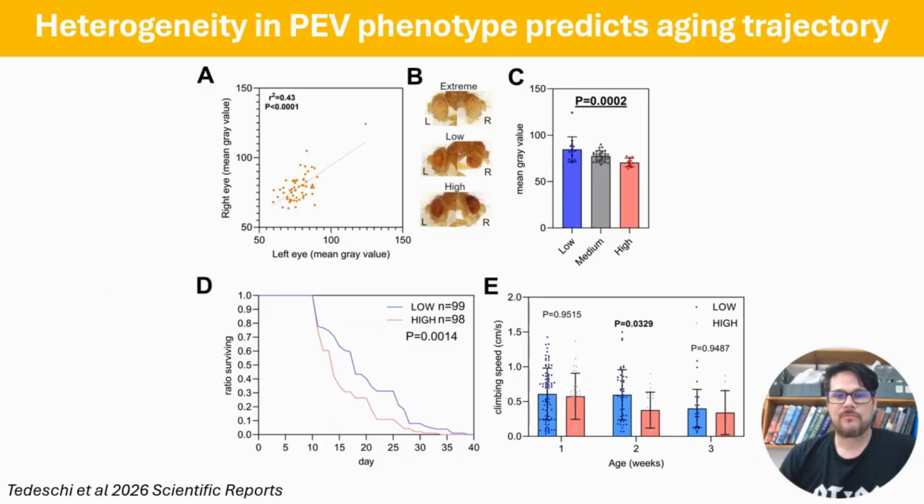So if animals lose heterochromatin as they age, we were curious about whether animals which maintain better levels of heterochromatin could survive for longer. So luckily the PEV flies within a population are kind of heterogeneous in their phenotype.